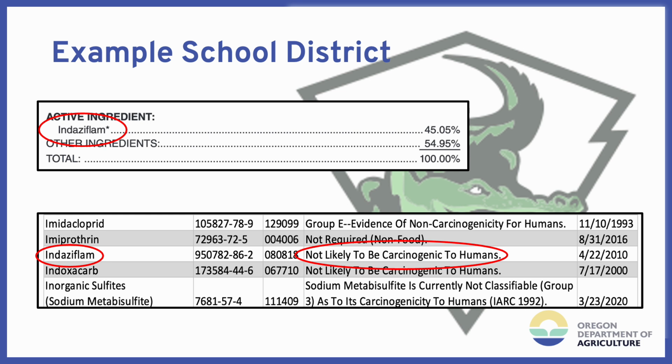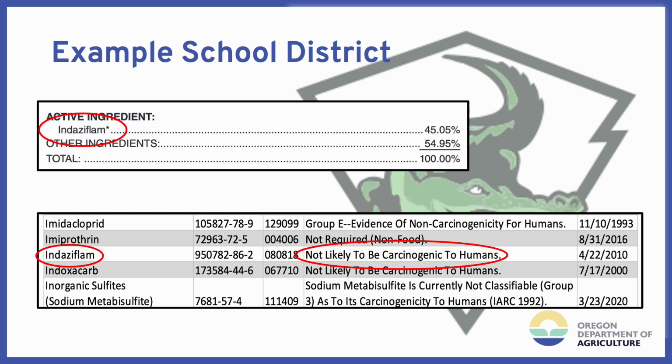Then, Mr. Boucher searched the EPA carcinogen classification and found that indaziflam has been classified as not likely to be carcinogenic to humans. Remember, this list can be found on NPIC's website by scanning the QR code on the previous slide or in the list of links found below in the video's description.